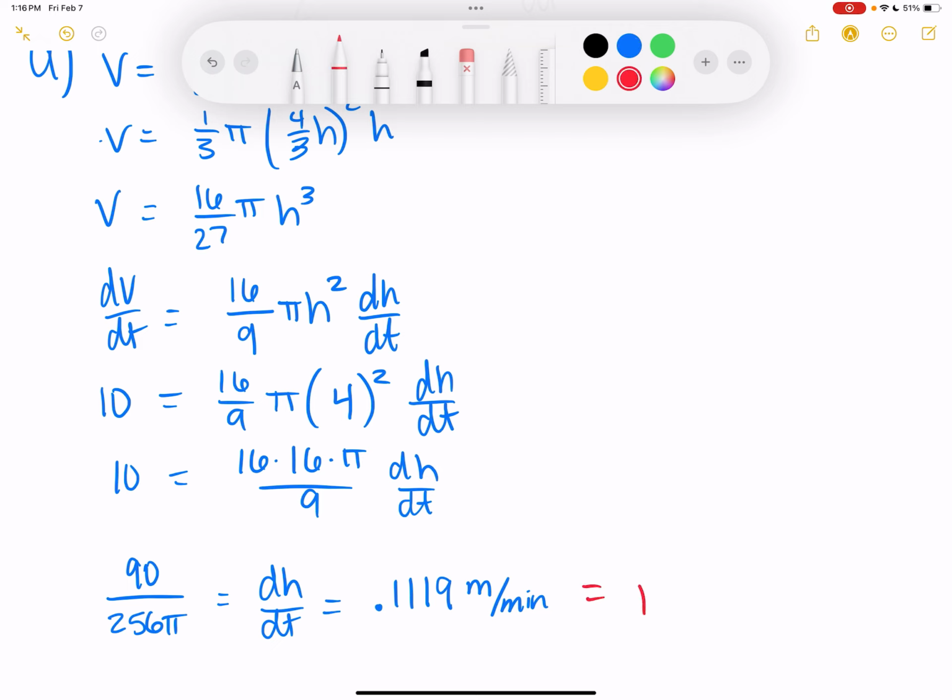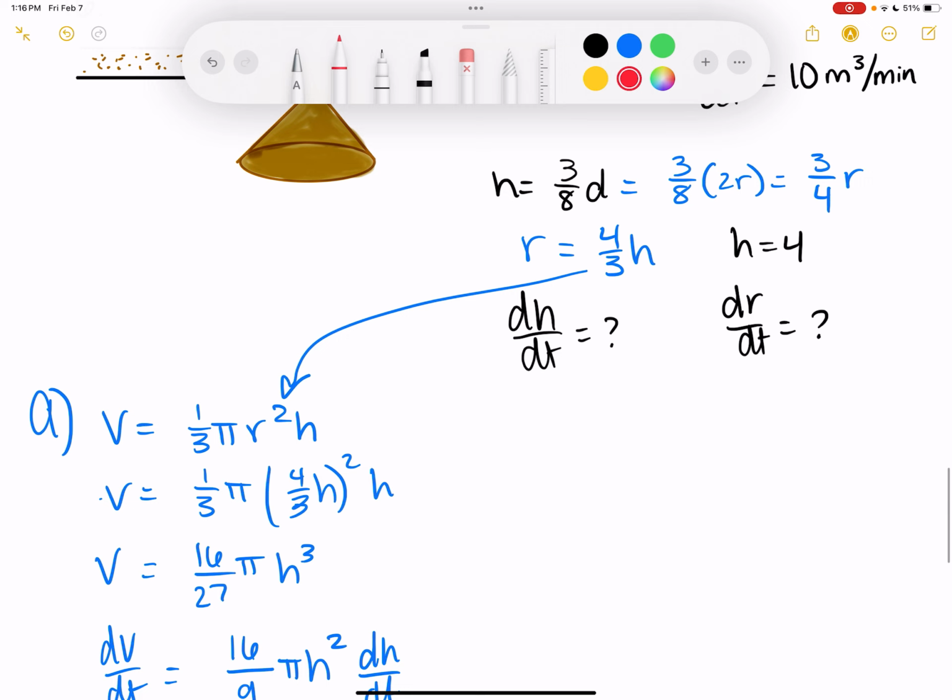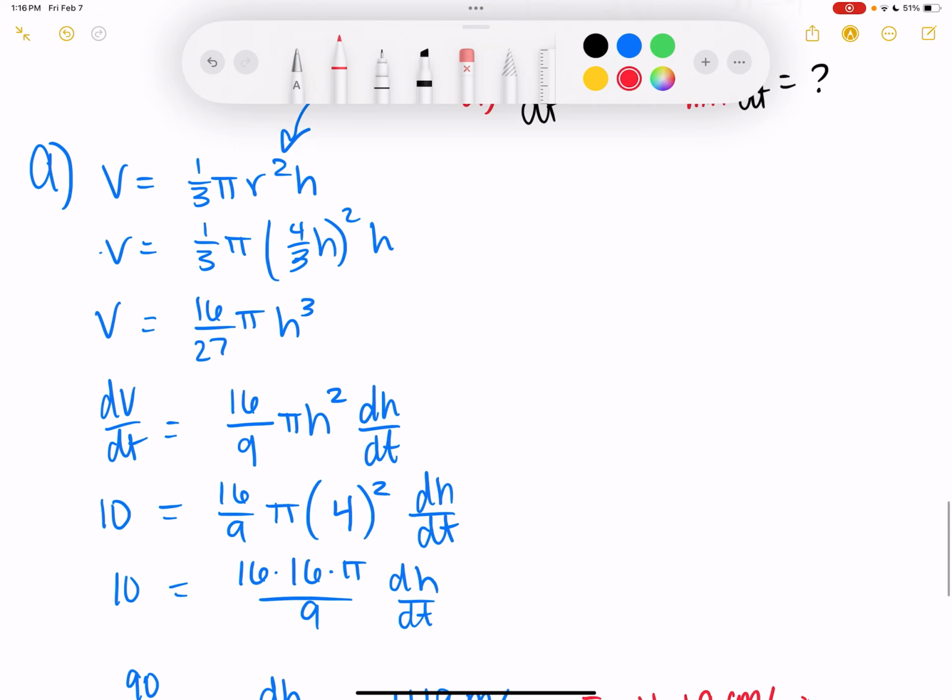Yep. It just moves. Yes, it does. I wasn't remembering what the time means. So this was the answer to part A.